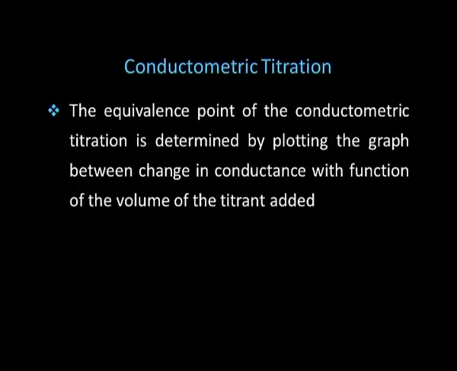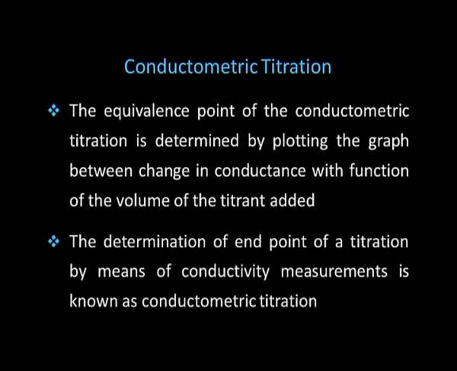The equivalence point of the conductometric titration is determined by plotting the graph of change in conductance as a function of the volume of the titrant added. The determination of the end point of a titration by means of conductivity measurement is known as conductometric titration.